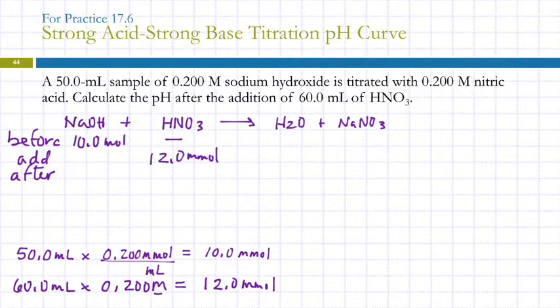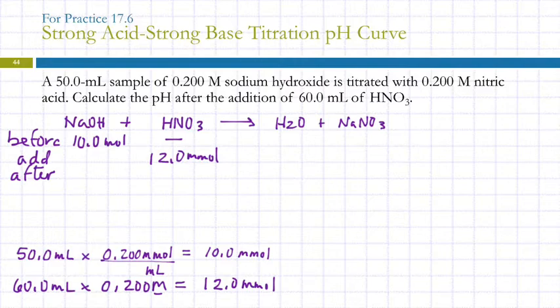So you've got more acid. We've gone past the equivalence point. But we're trying to find out what the pH of this mixture is. So we've got 12 millimoles of acid, 10 millimoles of sodium hydroxide. So what's going to be left?